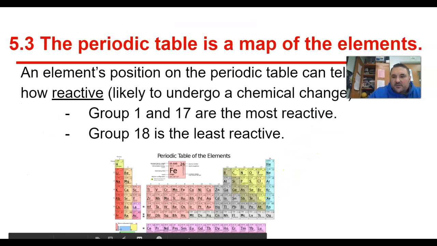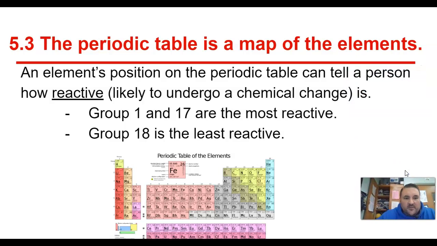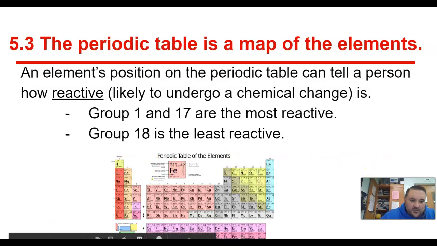An element's position on the periodic table can tell you a lot about it. The most reactive groups, like right here, are your alkali metals. They are in group 1.